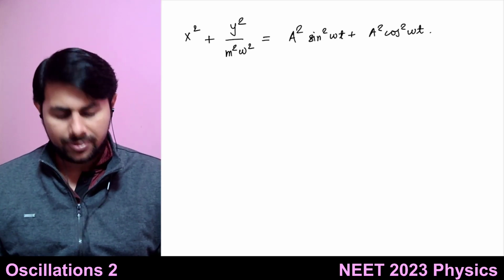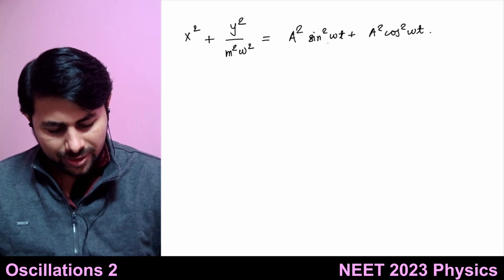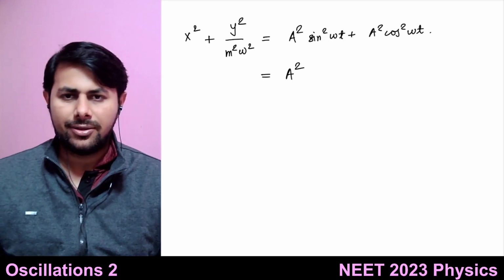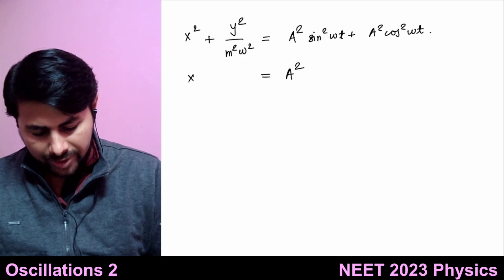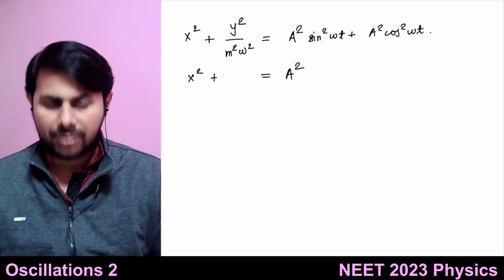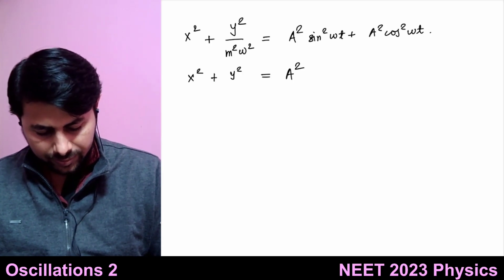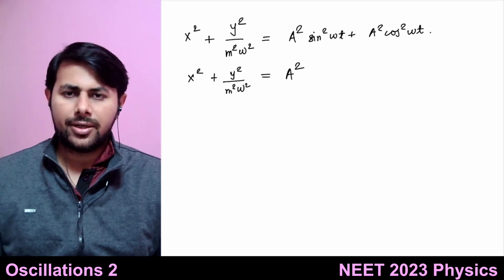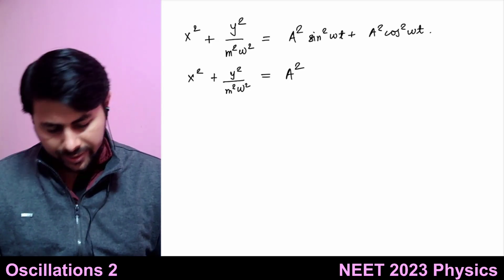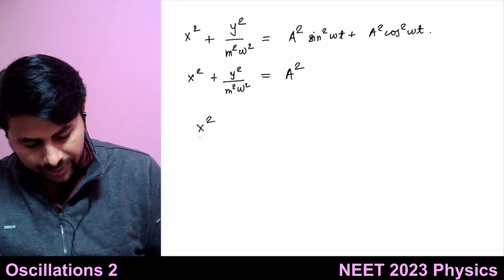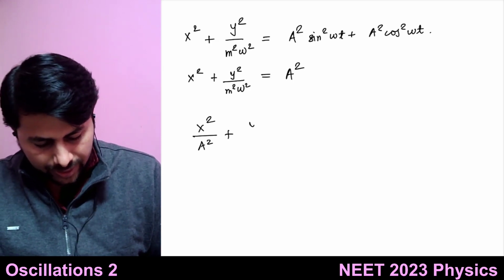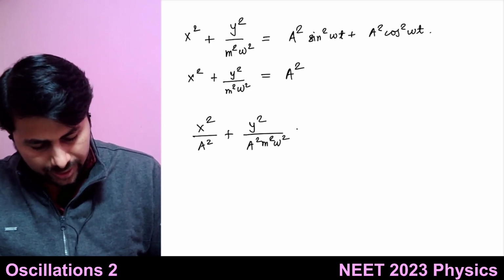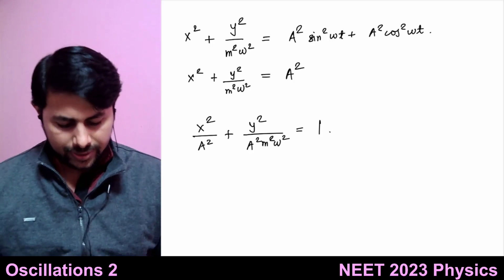I will explain. Okay, why? So this thing, if you add, what do you get? You will get a square on right hand side. Now can you tell me, this is an equation of something? Or if you take that a square also on left hand side, okay, what do you get? X square upon a square plus y square upon a square m square omega square is equal to 1.